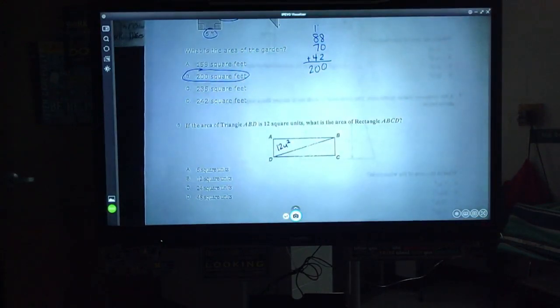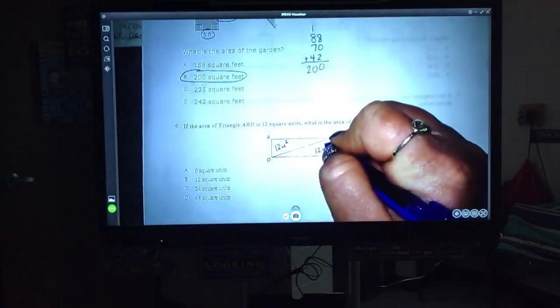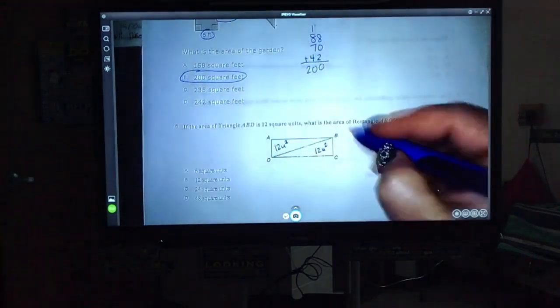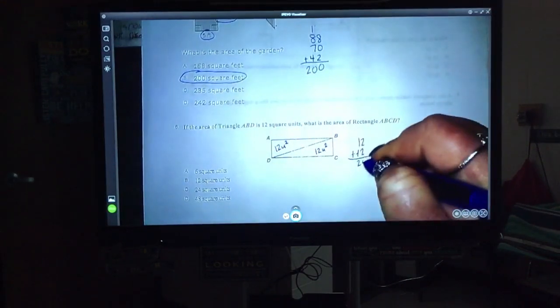What is the total area of this rectangle? Noah, how'd you figure it out? Right, because you know that these two are identical triangles. So you can do 12 plus 12, which gives you 24.